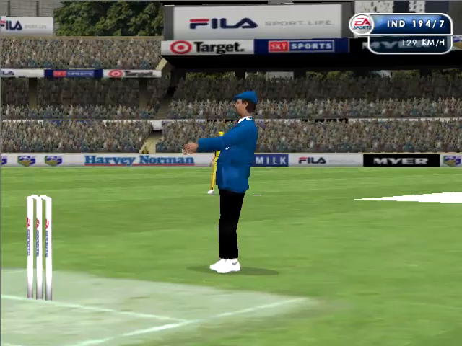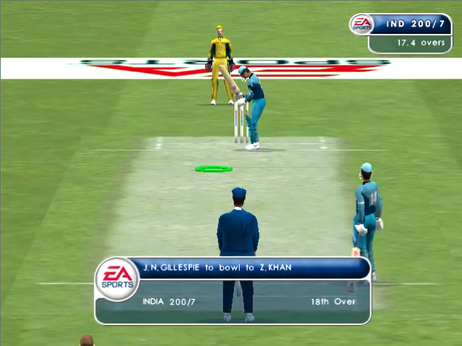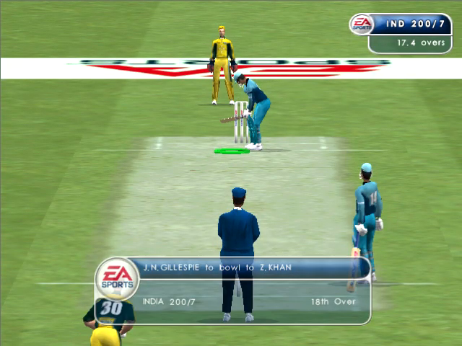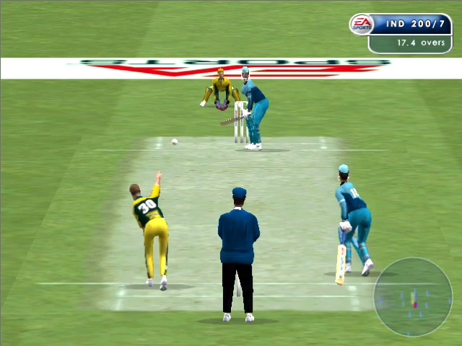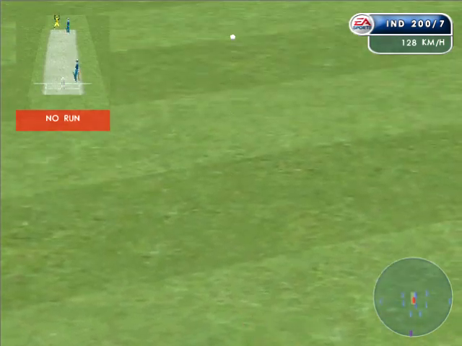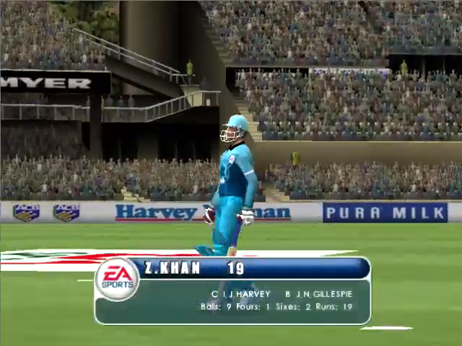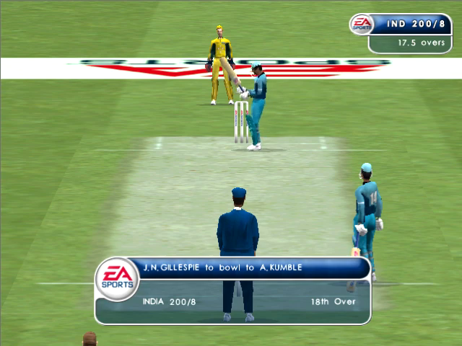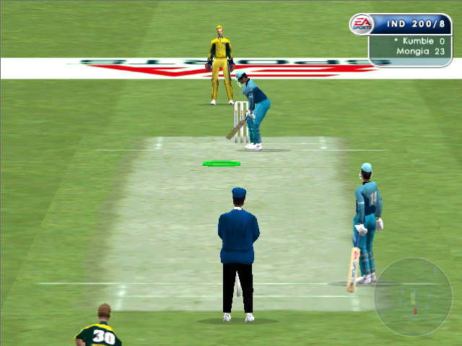And 6. That was sheer power. For the crowd, the hook is a spectacular action shot. Safely taken by Harvey.